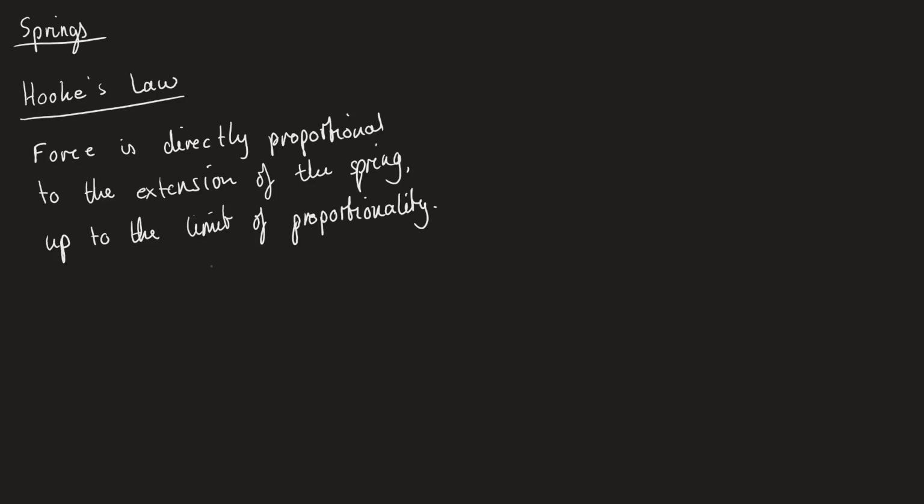But for now, we can just put an equation for Hooke's law here. So we're saying that the force is directly proportional to the extension, which we're going to call the change in length. And actually, if we have proportionalities, we need a constant of proportionality to take us between the two, and that is equal to k.